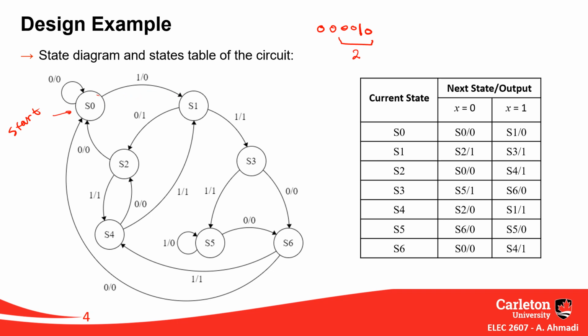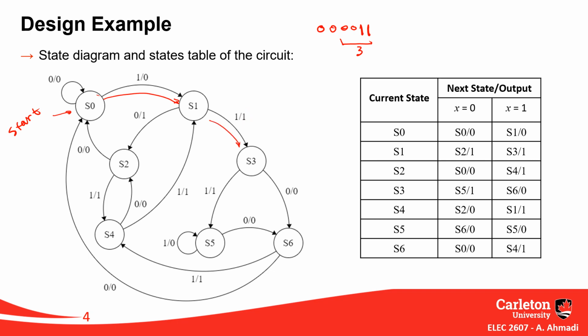Similar for state 3. If you receive 1 and then another 1, it means that after a long string of zeros, we don't know how many, you have received 1 and you have received another 1. So your string will be 0011, which is number 3, which is a prime number again. That's why your output will become 1 and your state will be S3.